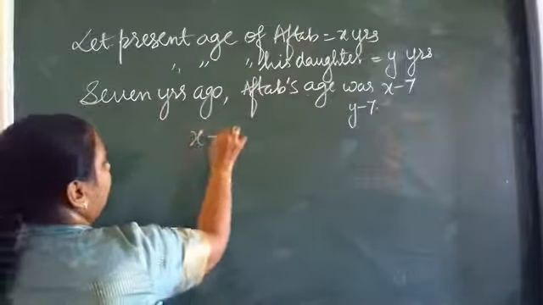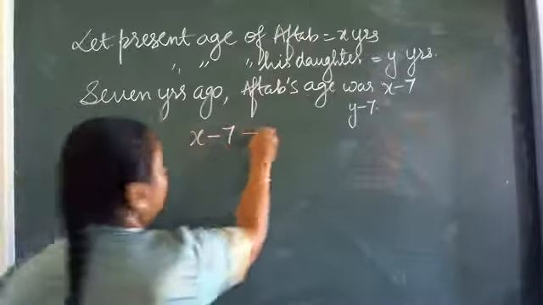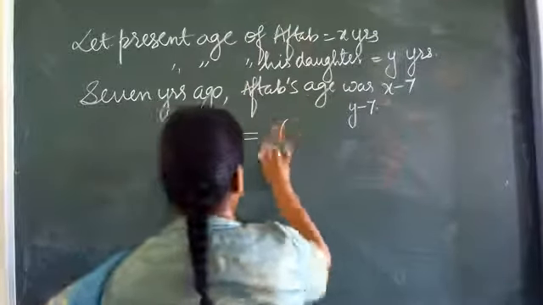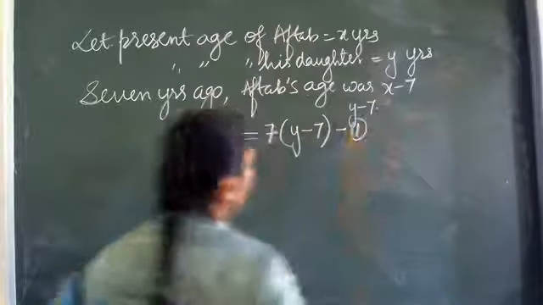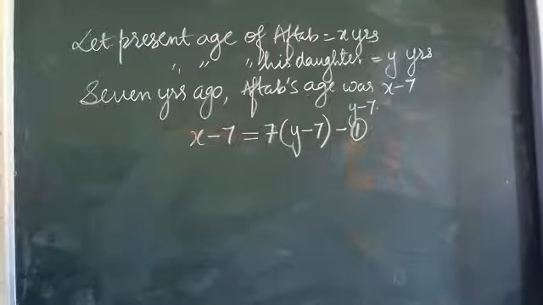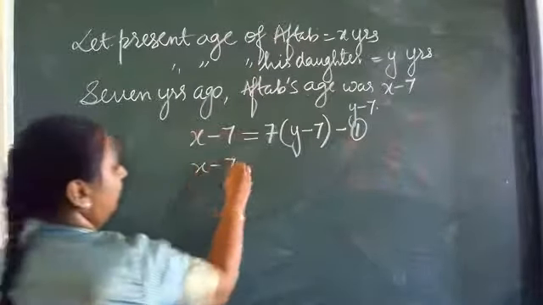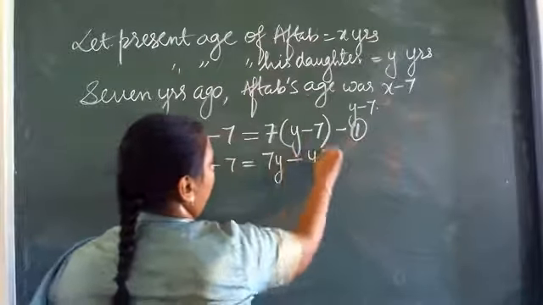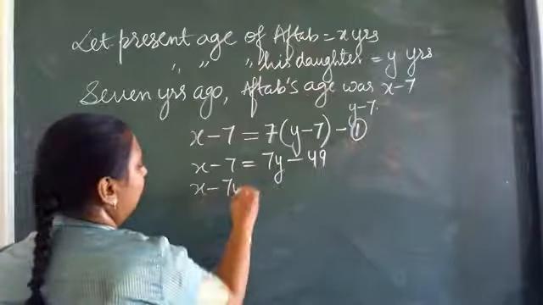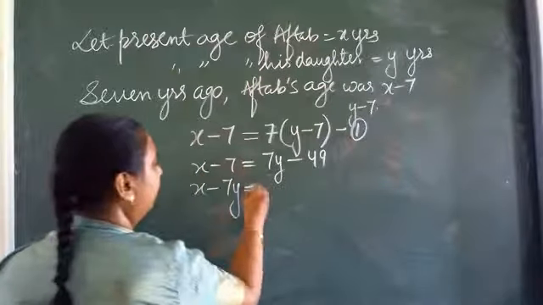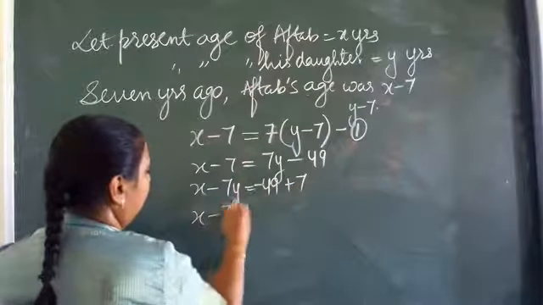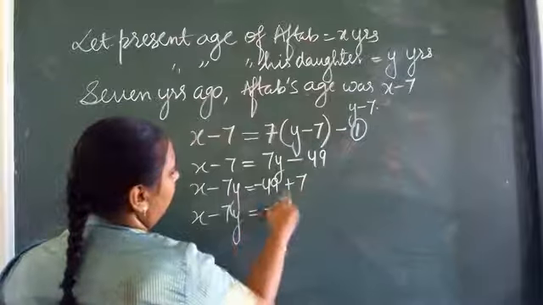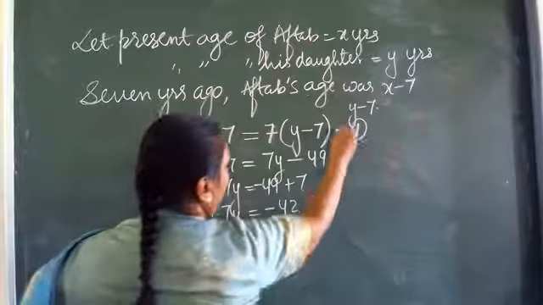So according to the condition, Aftab's age is 7 times the age of his daughter. This is the first equation. Simplify it to get the standard form: x minus 7 is equal to 7y minus 49. Bring 7y to the left-hand side, minus 49 becomes plus 7 on the right, so x minus 7y is equal to minus 42. This is the final first equation.